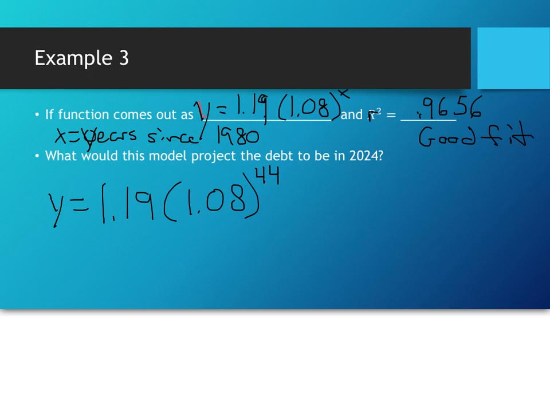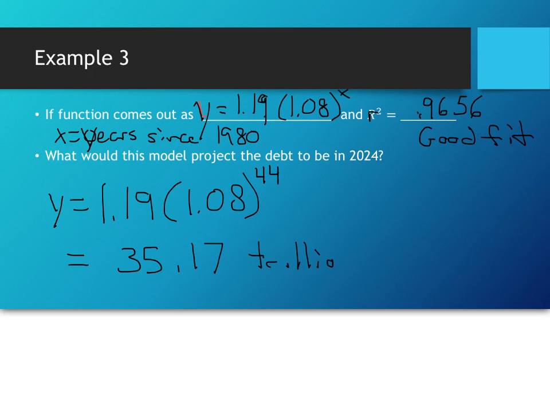Okay, so take 1.19 times 1.08 to the 44th power, and you'll get 35.17. Now, by the way, this is in trillions of dollars.